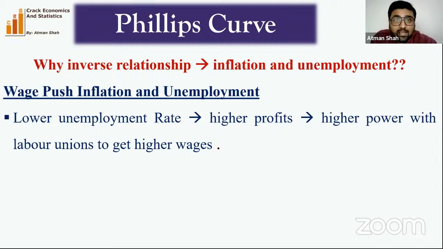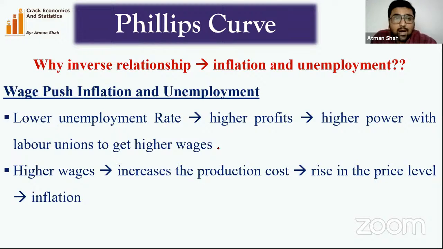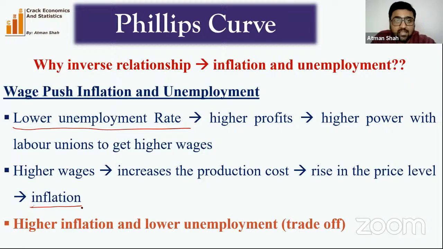Their bargaining power increases if the unemployment rate is lower in the market. So higher wages increase the production cost, and the increase in the production cost increases the price level, which basically shows the inflation. So again, this lower unemployment rate is associated with higher inflation. So we have the trade-off.